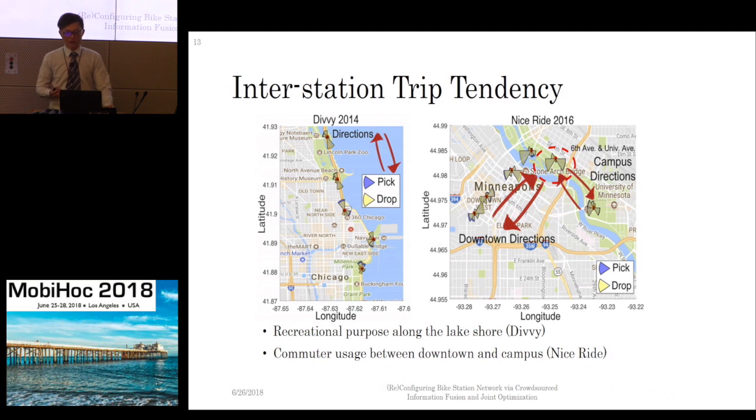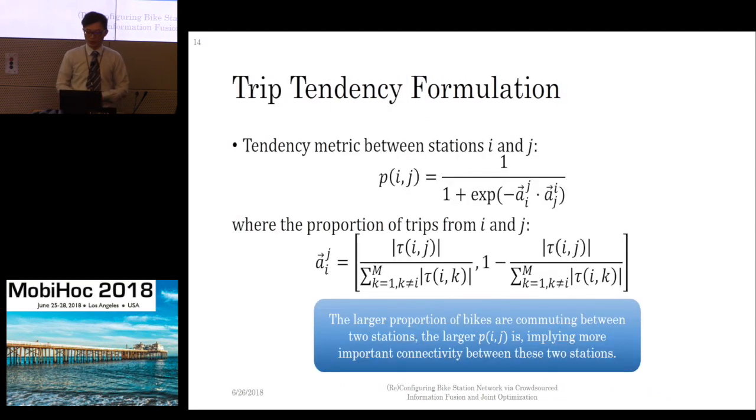If we solely consider the usage of the stations in an independent manner, important information about the user trips may be ignored, leading to inconvenience for those regular users who may bring more profits to the system.